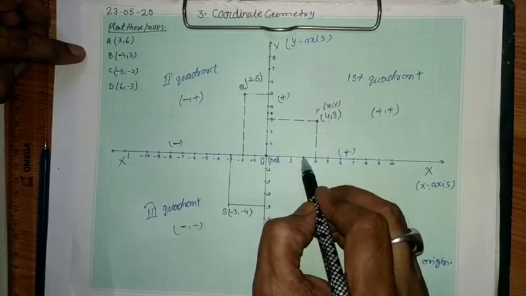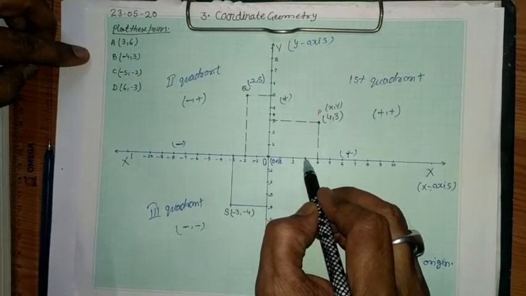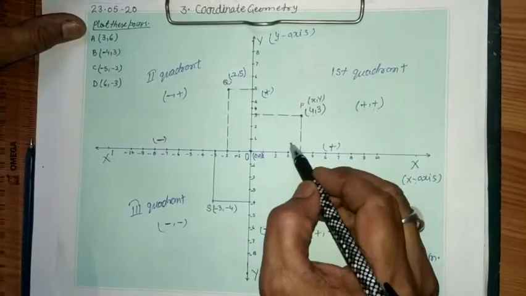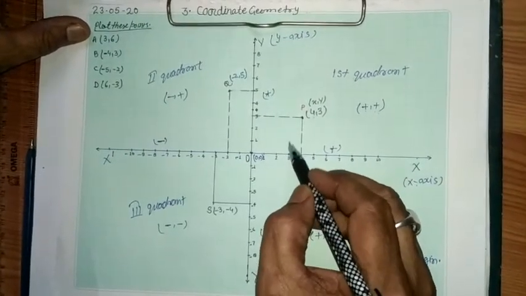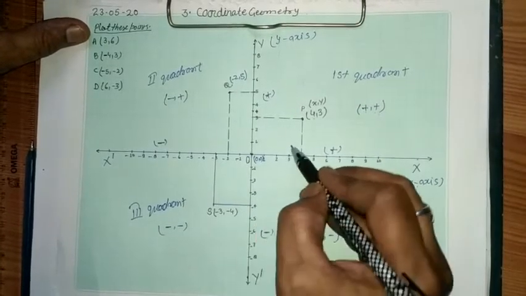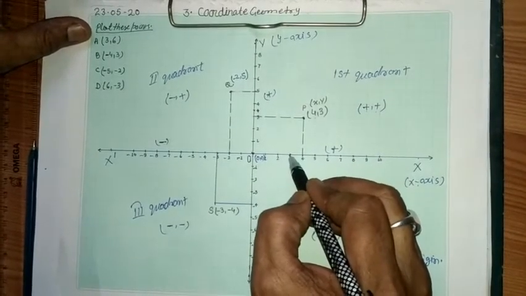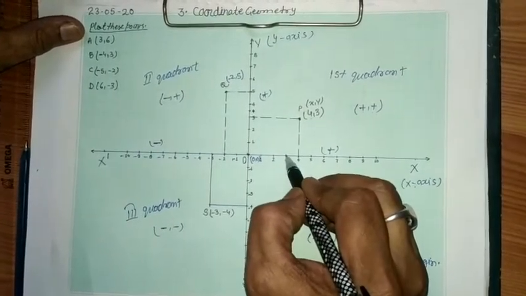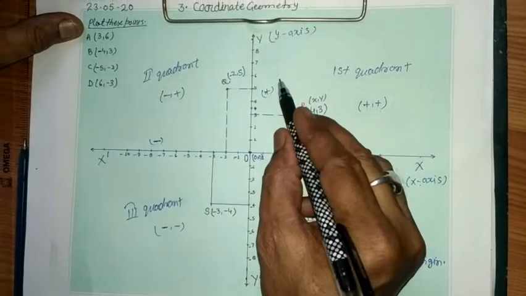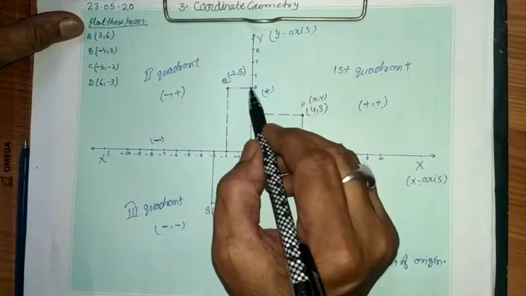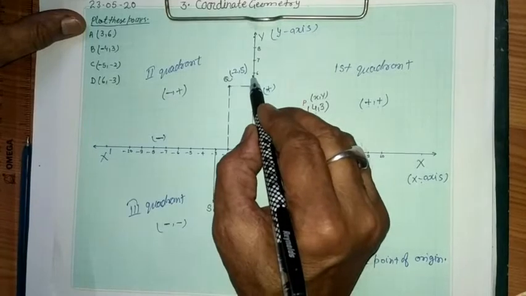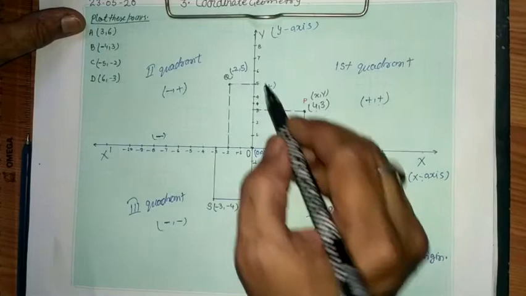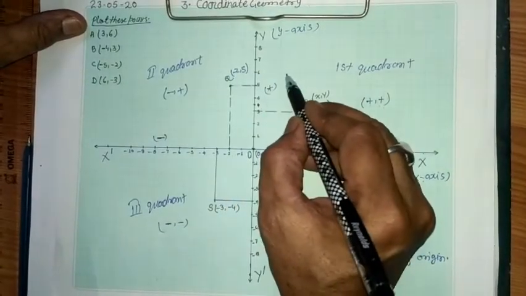We draw a line parallel to the y-axis from 3, and on the y-axis a line parallel to the x-axis.